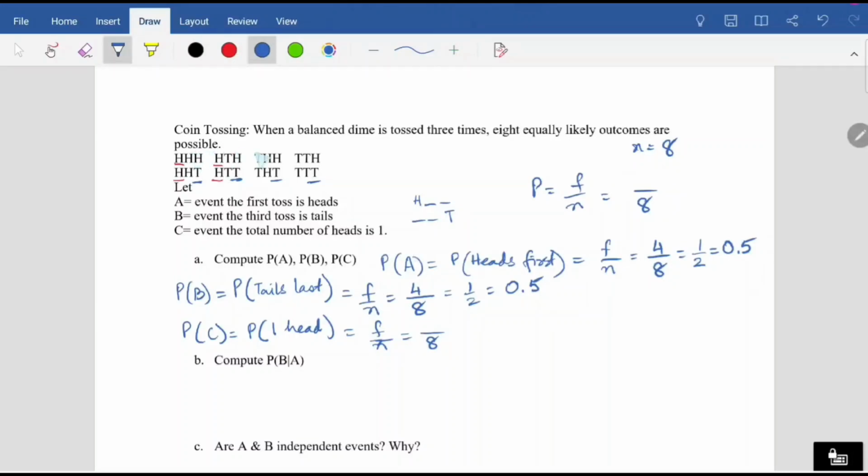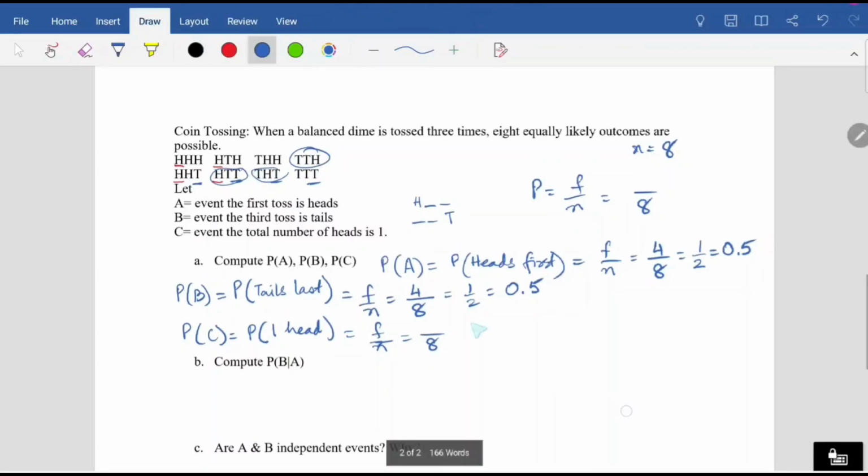Not this one, not this one, not this one here. This is one, we have one head. This is another one, we have one head. This is another one. All right, so 3 upon 8, so it would be 3 over 8, which when converted to decimal is 0.375.